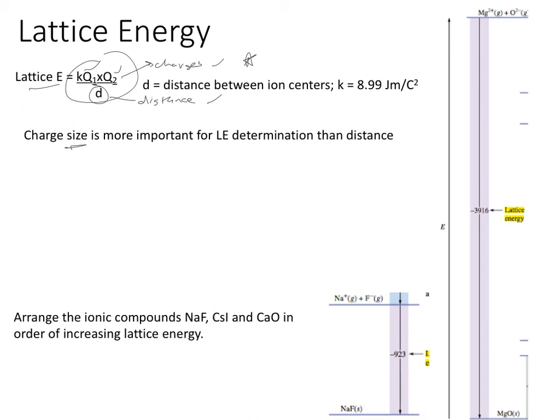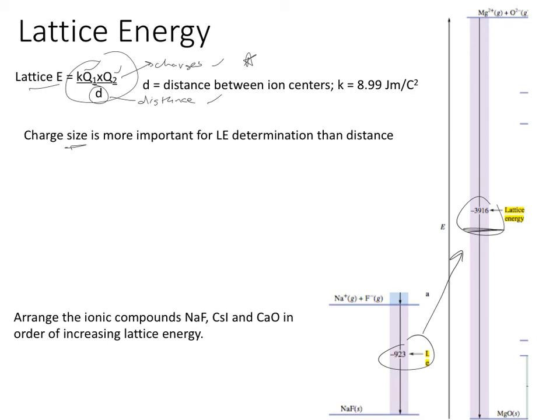Okay, so if we look at the lattice energy of magnesium oxide versus the lattice energy of sodium fluoride, you recognize that the lattice energy of magnesium oxide is about 4 times that of sodium fluoride.